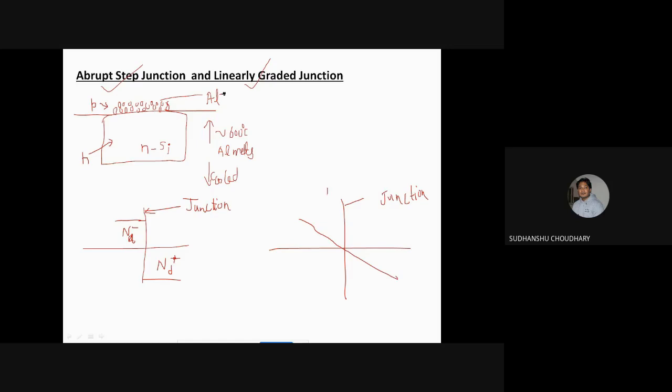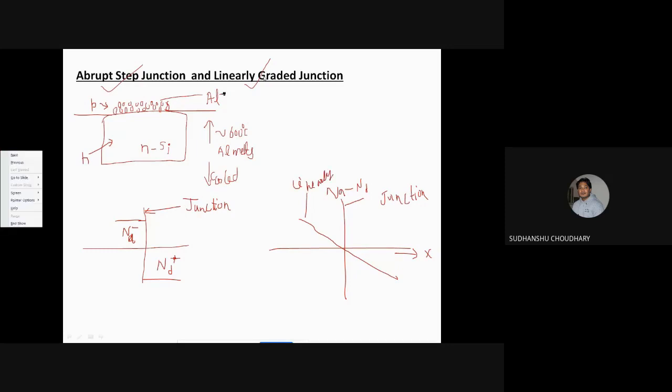So if this is my Na minus Nd on the y-axis, the carrier concentration changes linearly with x, which is x over here. So here it changes abruptly at the junction, but here it changes linearly.